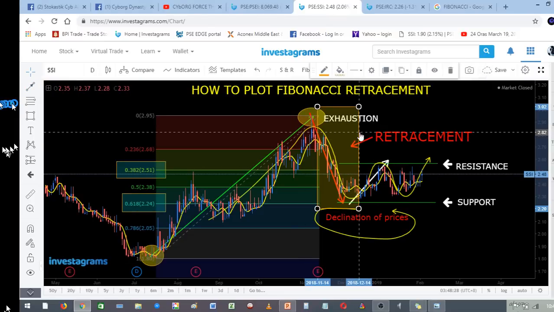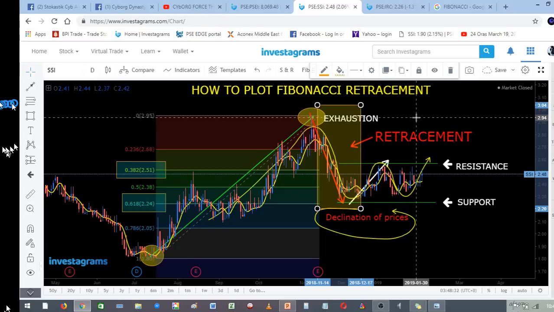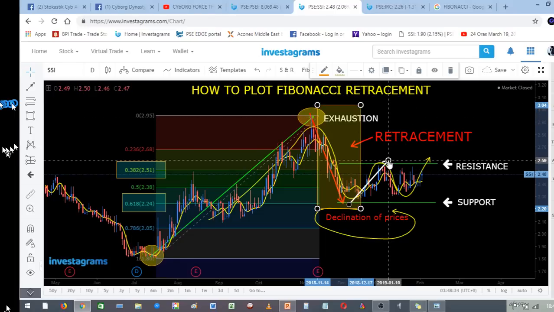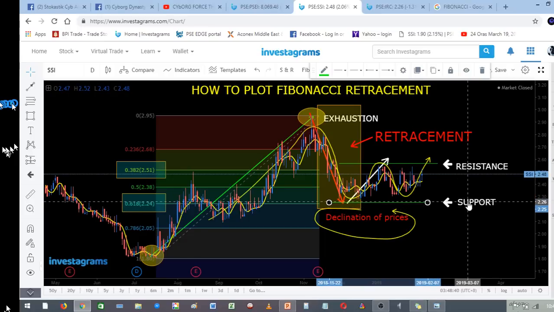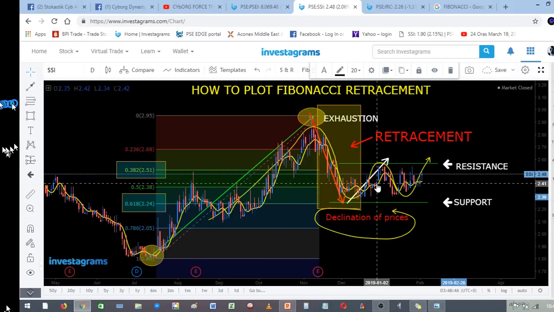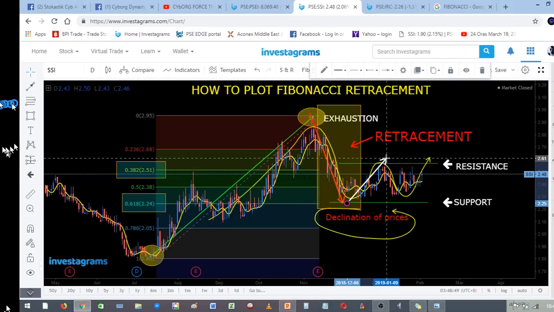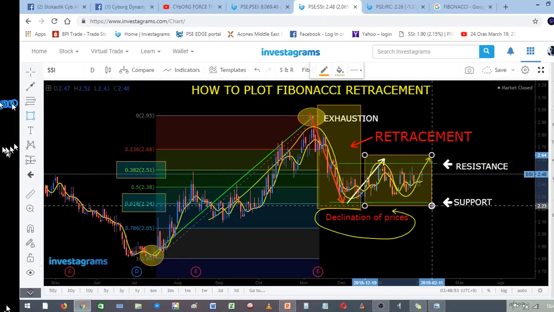So this period, which is marked by the orange box, is now your retracement, and then this uptrend movement of the stock from the support level stopped on the Fibonacci 61.8, and this is what we call the recovery.